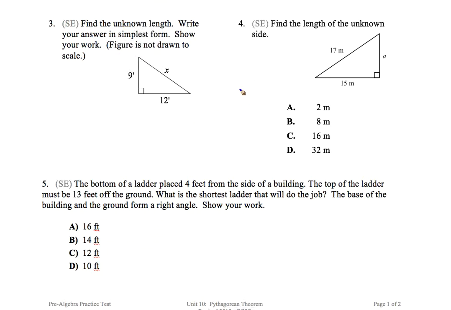Number 3, find the unknown length. Write your answer in simplest form. Show your work. My right angle is where my A and B are attached. C is across from my right angle. So I get 9 squared plus 12 squared equals C squared. 81 plus 144 equals C squared.